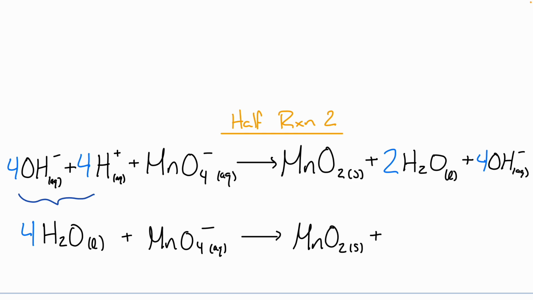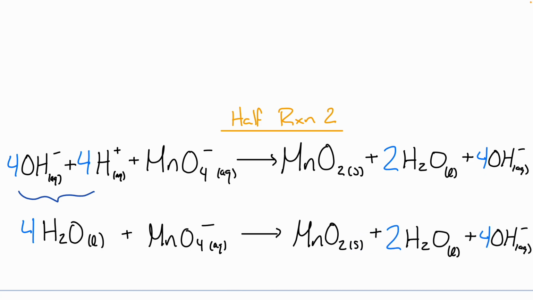All right, and then just because I want to save myself some writing, I can simplify this even further. What else can I do? The waters, right? So I have water on both sides of my chemical equation. You could have saved this step for the very end, but it will just simplify things and make it look less busy. I have 4 waters over here, but I have 2 on my product side, right?